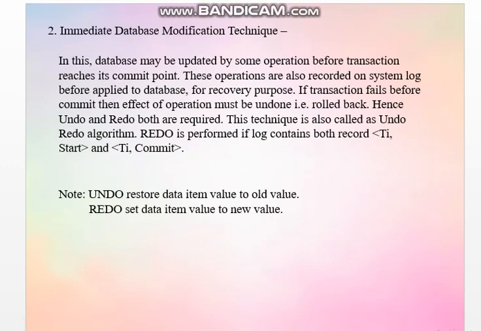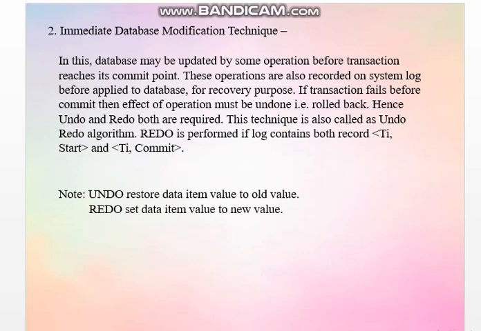In this, the database may be updated by some operation before the transaction reaches its commit point. These operations are also recorded on the system log before being applied to the database for recovery purposes. If a transaction fails before the commit, then the effect of the transaction must be undone, that is, rolled back.